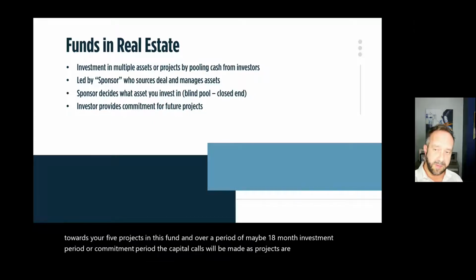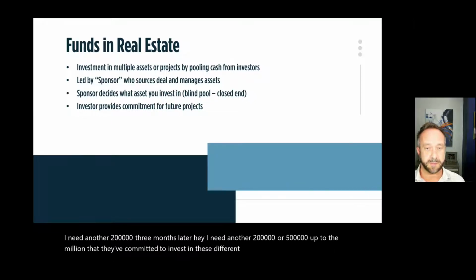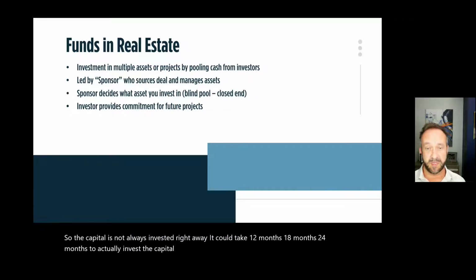And hey, I need another 200,000. 3 months later, hey, I need another 200,000 or 500,000, up to the $1 million that they've committed to invest in these different projects. So the capital is not always invested right away. It could take 12 months, 18 months, 24 months to actually invest the capital to where it would start earning a potential return.